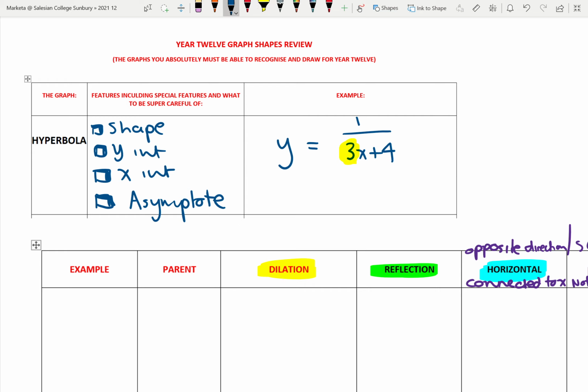So you would then have y equals 1 over 3 and x plus 4 over 3. So this is really important. Keep your eye on that. So I might change that example heading to be careful. So anything that is in front of the x needs to be removed before you can view your asymptotes correctly.